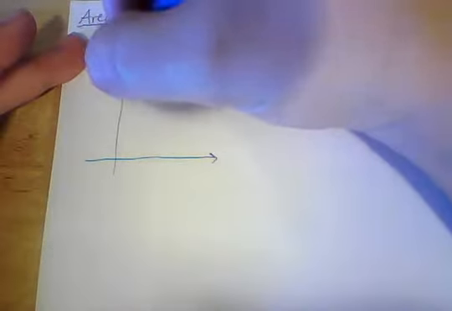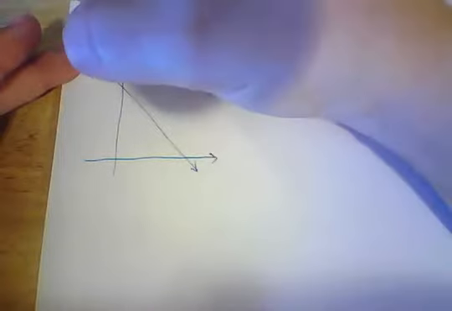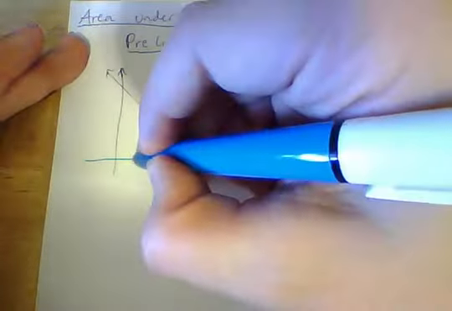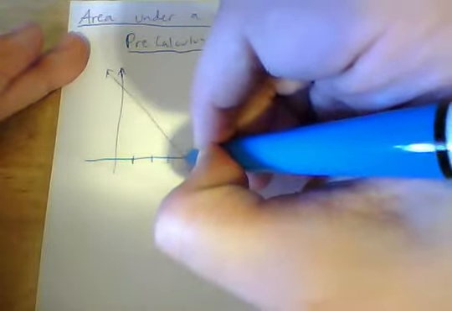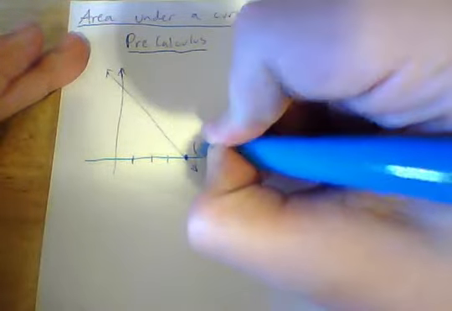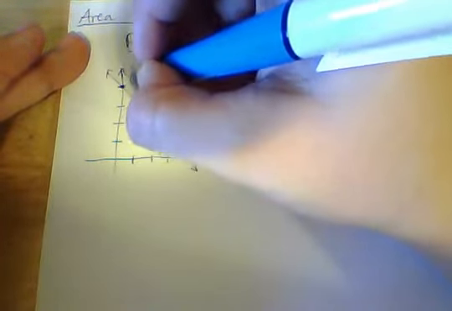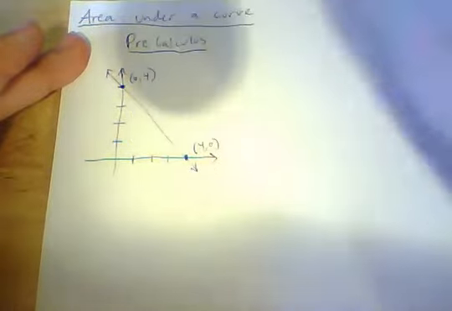And so say here's our line. And then say we would have units. This would be the point 4, 0, and say we have the point 0, 4 up here.